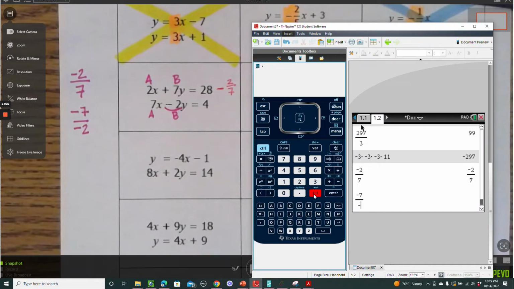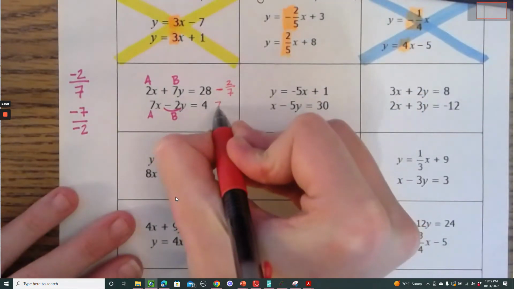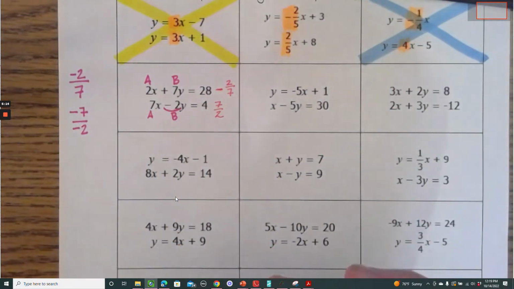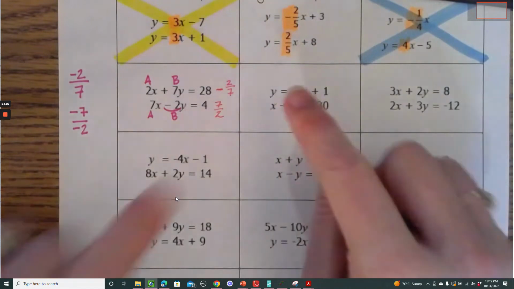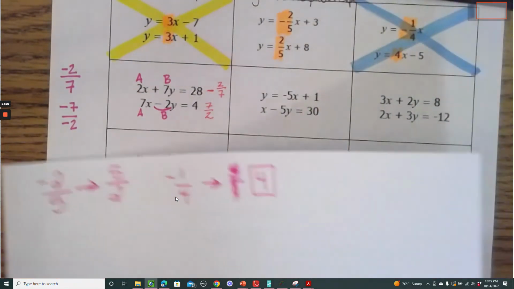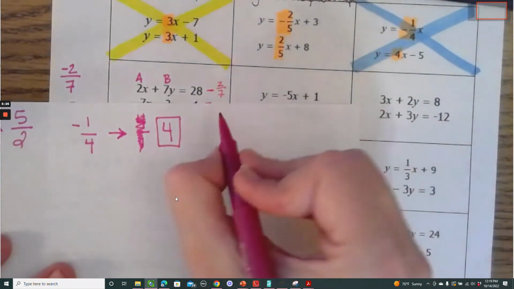Negative 7 over negative 2 gives me 7 over 2. Wait, I got a negative 7 over 2. Oh, because it's 2. All right, are they the same? No. All right, so now I check to see if they're negative reciprocals. So negative, and I always just take the first one.